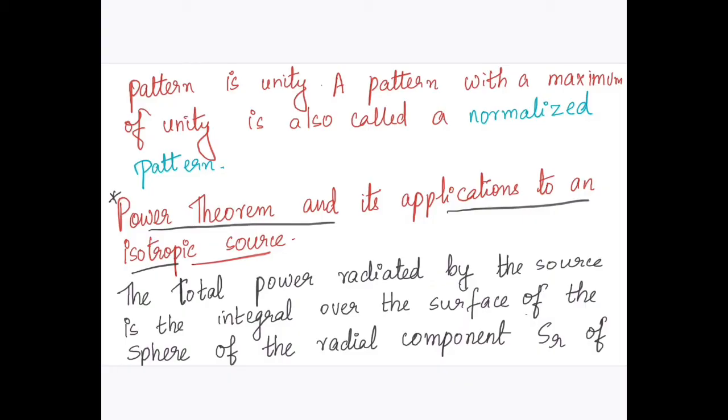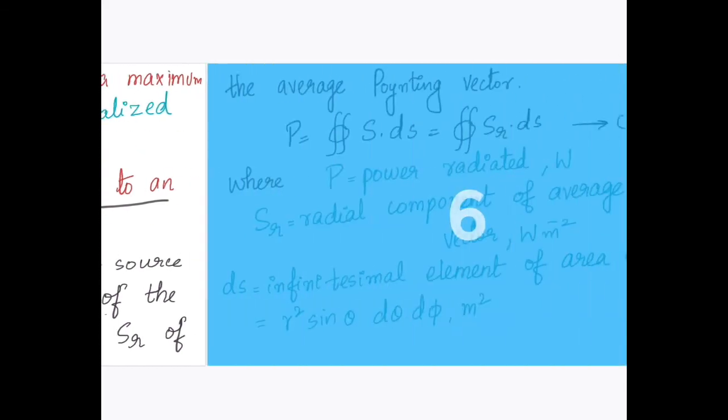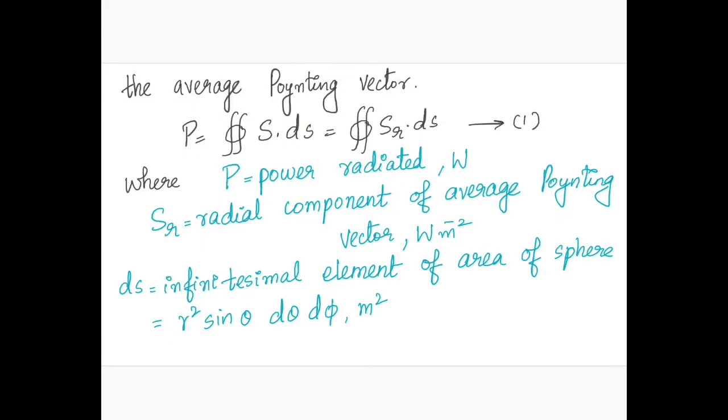So the power theorem states that the total power radiated by the source is the integral over the surface of the sphere of the radial component SR of the average Poynting vector. As we are considering the surface integral of the Poynting vector, the general formula will be P equal to the surface integral of S into ds.